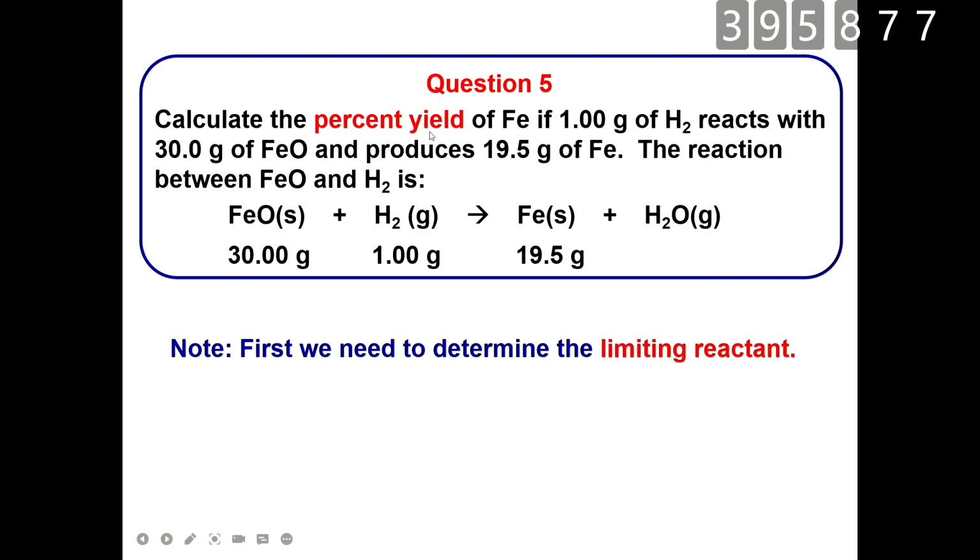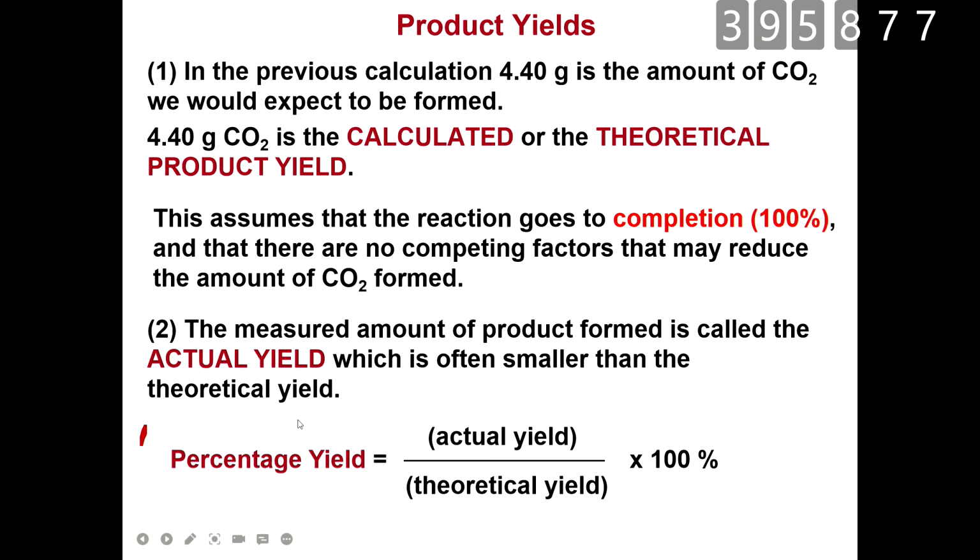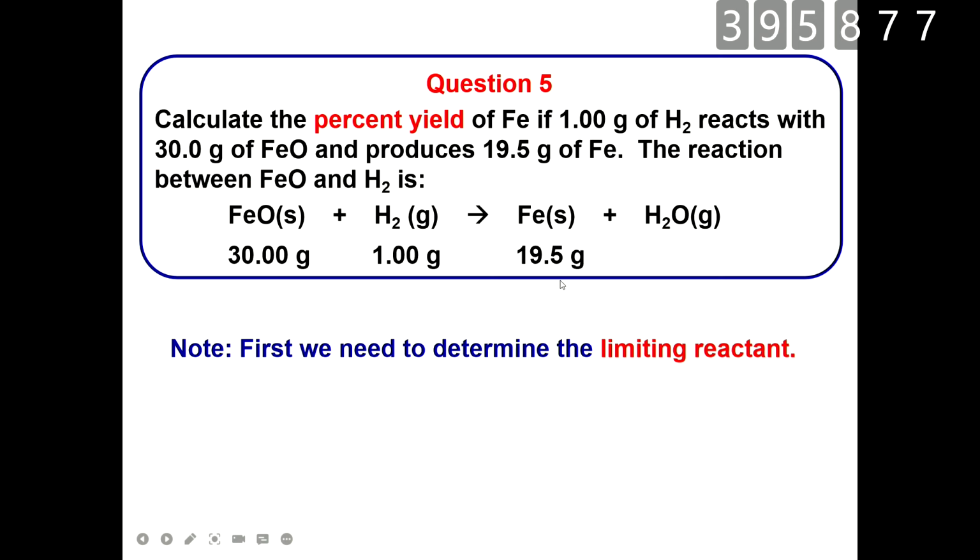Of course, if we want to get the percent yield, we need to know its calculated yield, right? Because percent yield means actual yield divided by theoretical yield. This is the actual yield. We need to calculate the theoretical yield.